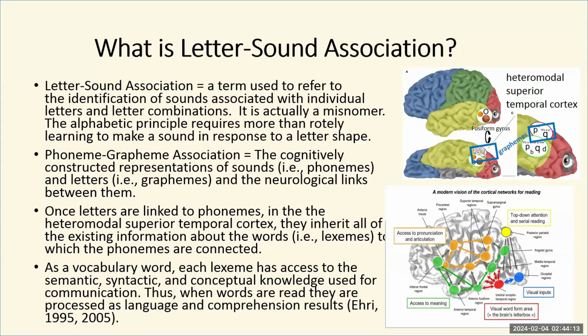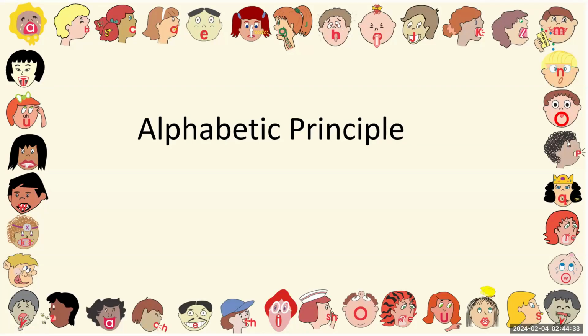And so now we have a network where everything is integrated. And our little red area where at first the visual information comes in is now activated throughout the system. All right, so that's going to allow us to form the alphabetic principle, which is basic to reading.